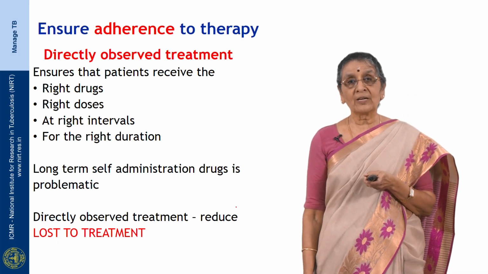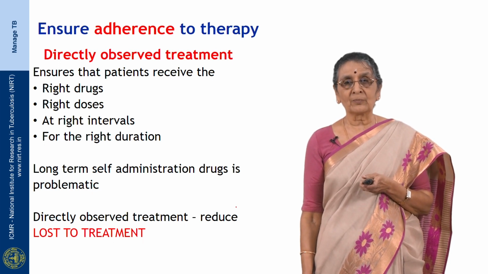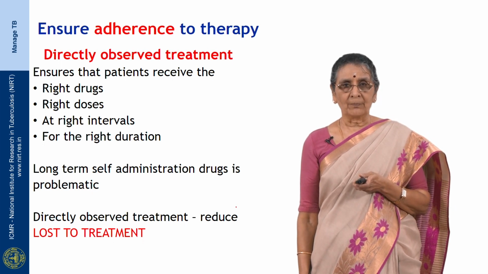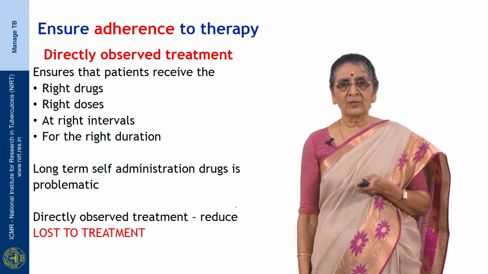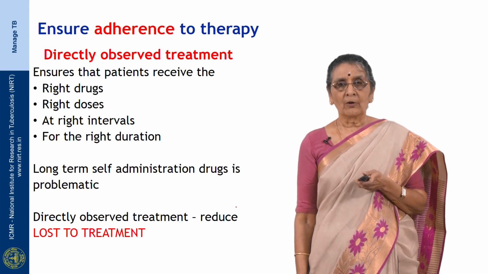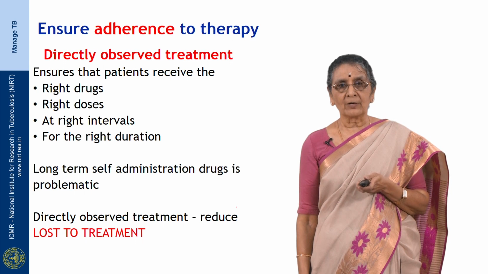It is not enough if we design a proper regimen and a proper dosage and start treatment. It's equally important that we ensure treatment adherence and see that the patient is treatment compliant and completes the envisaged chemotherapy. And for this, one of the methods used is directly observed treatment, where patient is helped by either a community worker or a person from their own house to complete the treatment.